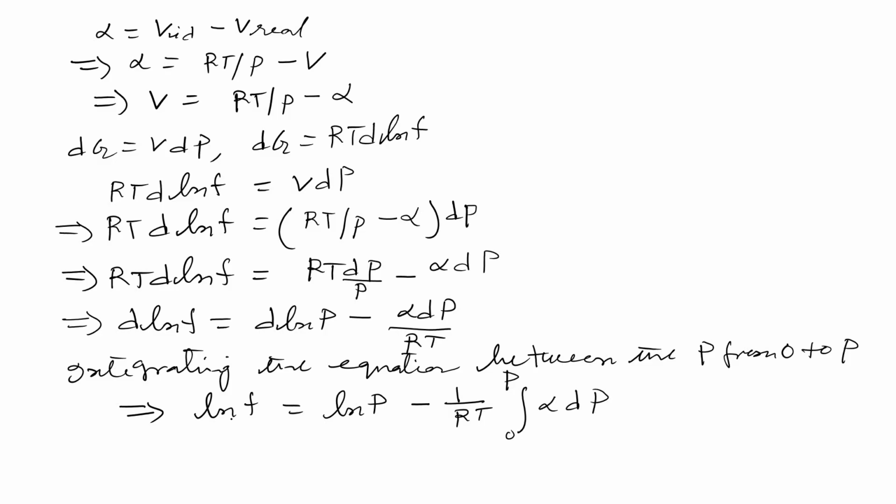Or once again I can write ln F by P is equal to minus 1 by RT, and then 0 to P alpha dP. Now, in this equation the pressure is known. If you want to calculate this fugacity F, then you should know the value of the right side integral.